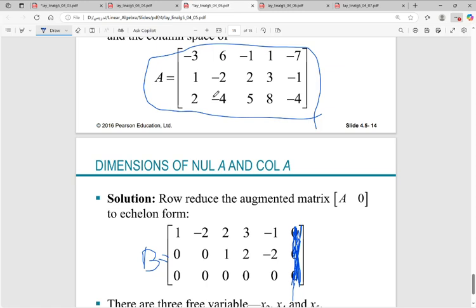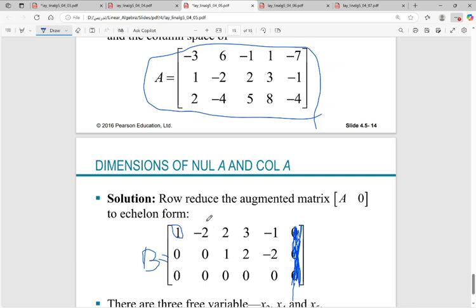So in matrix B, what columns are pivot? Columns 1 and 3. Yes, column 1 is pivot because it has a pivot position, a leading element.